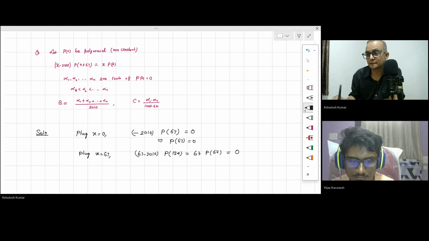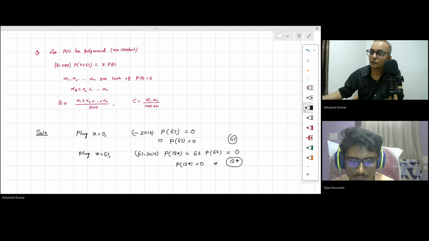It means what do you achieve then? P(134) is 0, isn't it? So one root we got 67, the other root we got 134. Can we iterate the process again?